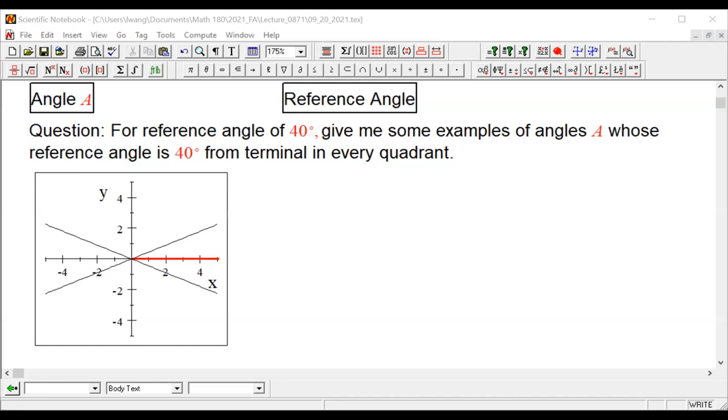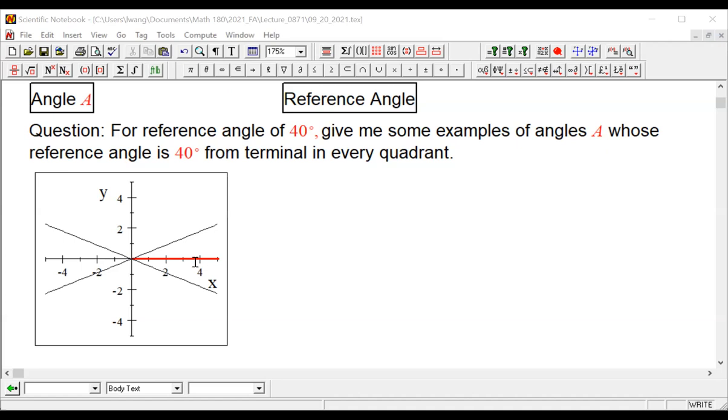Look at that answer. I want everybody to look at the example by Ola. He said 400 degrees. So he took 40 degrees, added 360 degrees, right? And he got 400. And he gave a negative angle on quadrant 2.